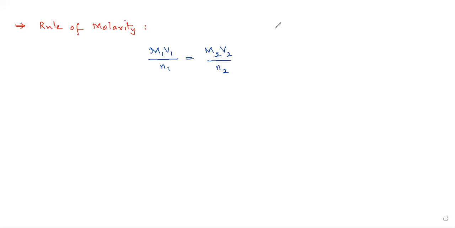Now, these are the molarity, volume, and number of moles of the first reactant, and of another reactant.